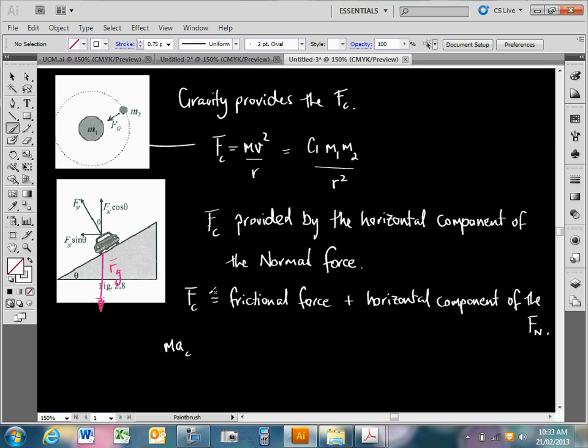F equals MA, Fc equals M Ac. Force of friction, this is what our text shows us. Plus Fn sine of theta.